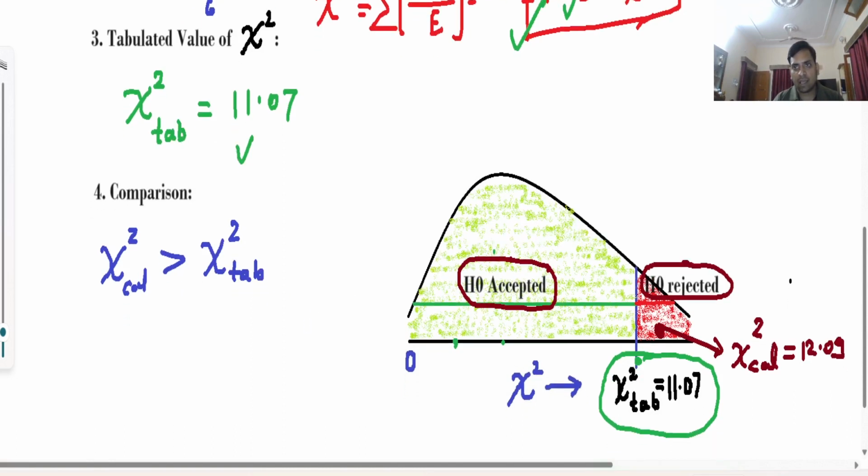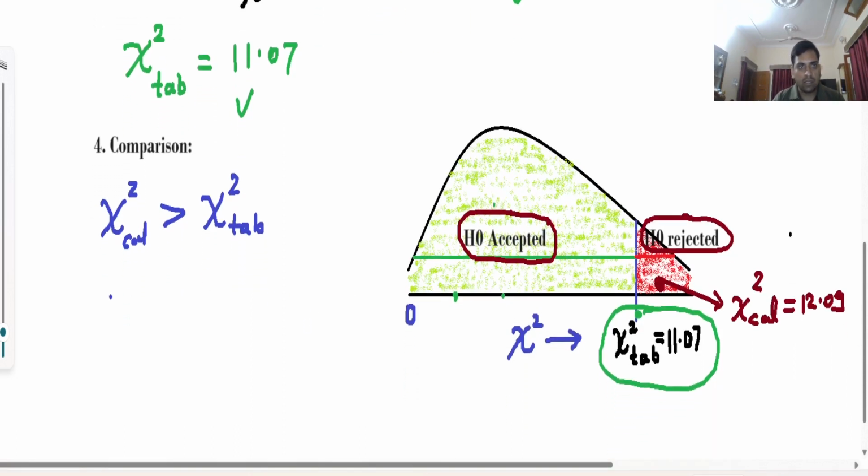So we can say this null hypothesis H0 is rejected, because this value of chi-square is in the rejected region. And if H0 is rejected, then the alternative hypothesis H1 is accepted.